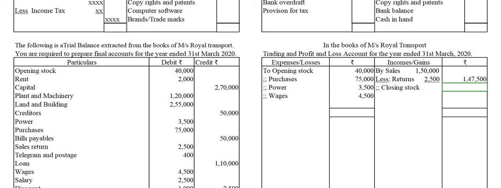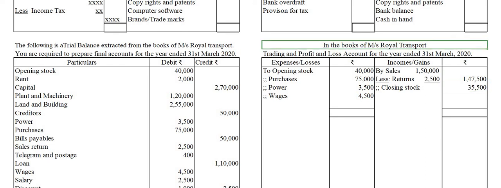So we have to take two places. We are taking closing stock here in the credit side of the trading account. So now we can total that, because all the items are taken, all the direct expenses and incomes are taken. So let us total.